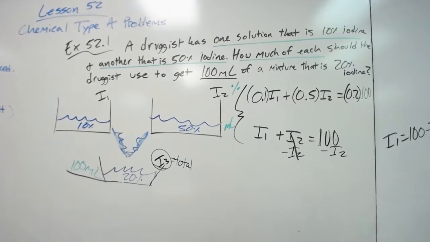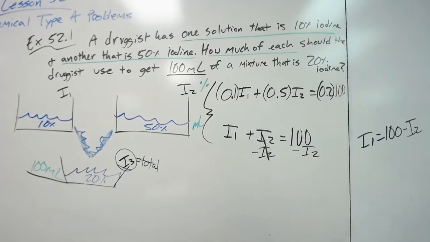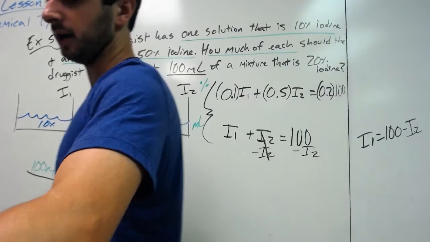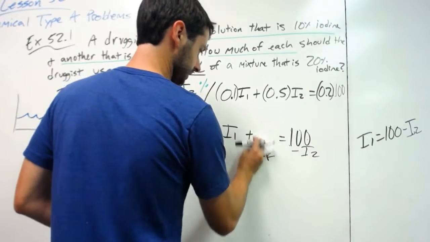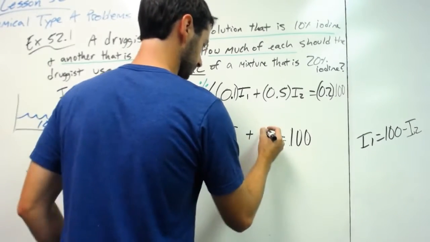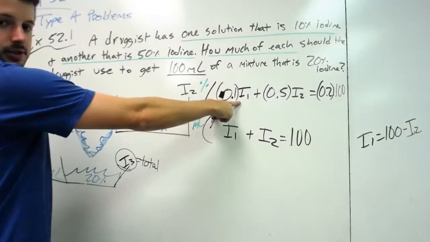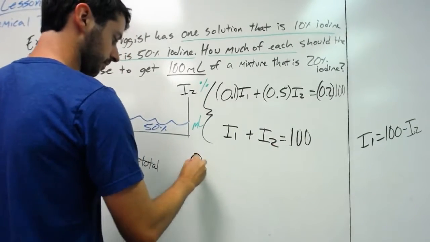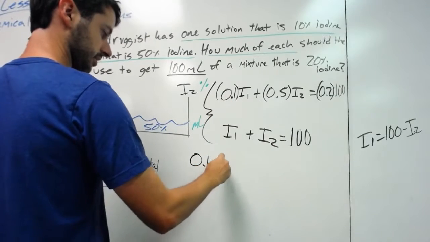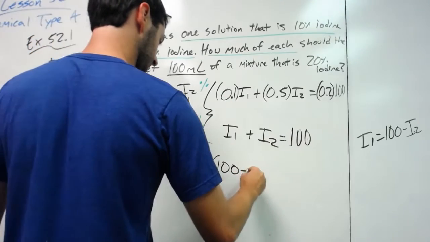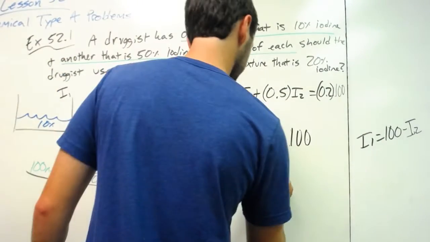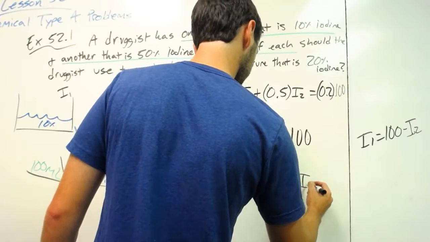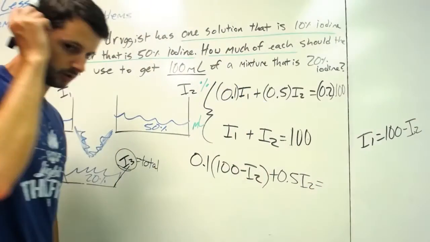Now we can substitute that in for iodine 1. So 0.1 times 100 minus iodine 2, just brought that over here since iodine 1 equals that, plus 0.5 iodine 2 equals 0.2 times 100.